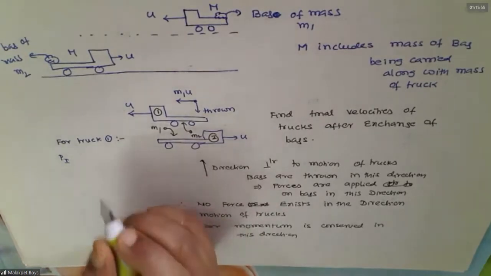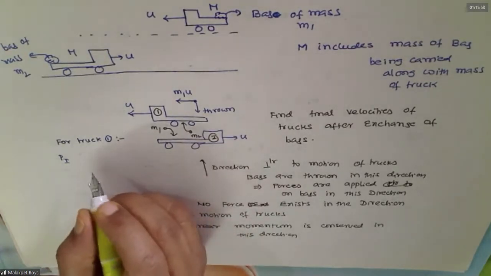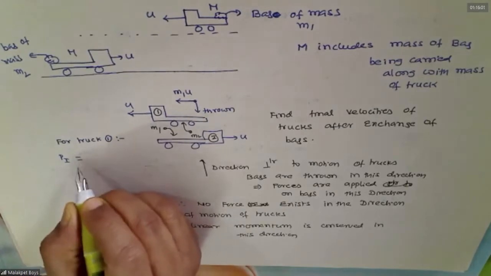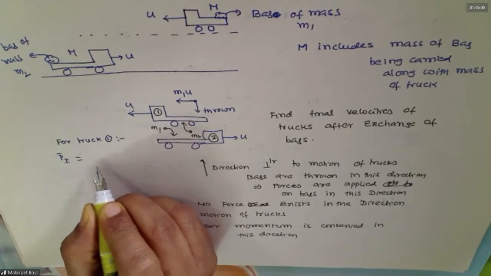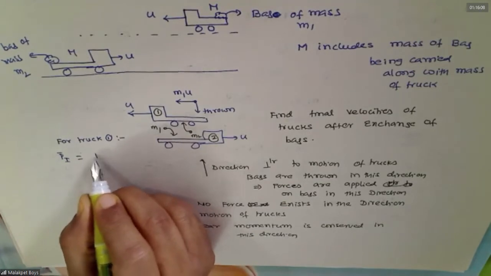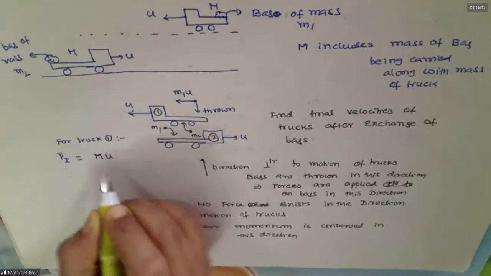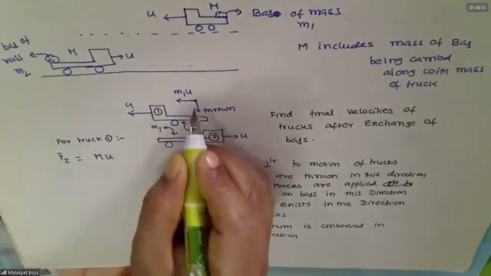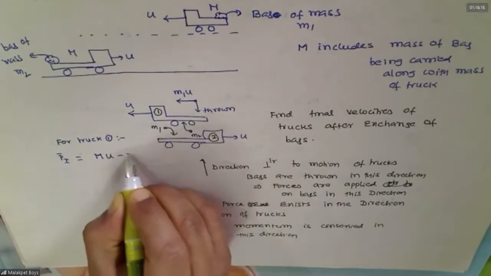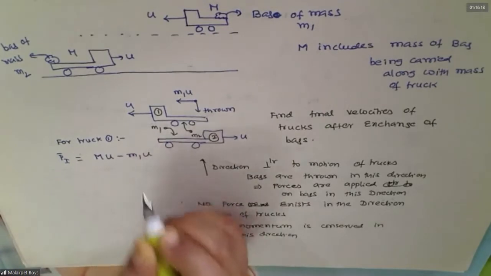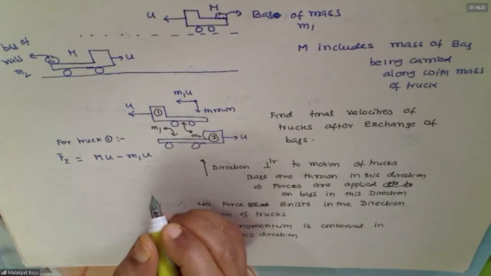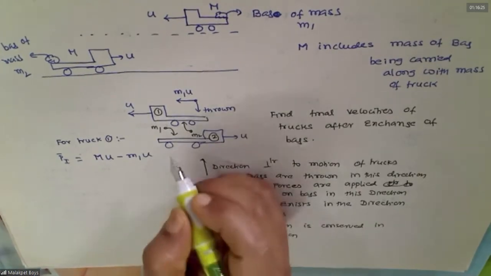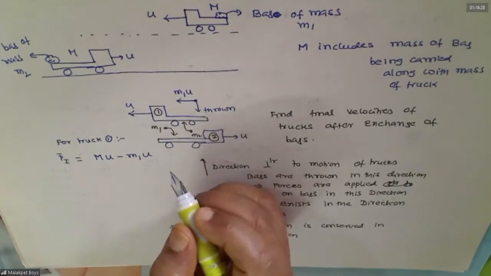Initially, for the truck, can you tell what is the initial momentum? M1 U. Actually, this is the M U, but in this momentum, the bag's momentum should be removed, no? Agreed? Followed? Capital M1. Momentum of the truck.